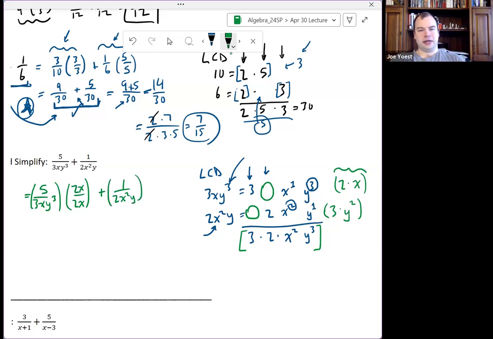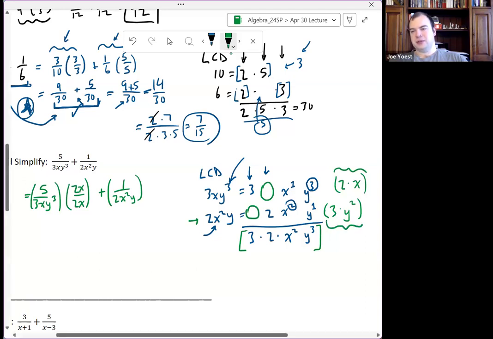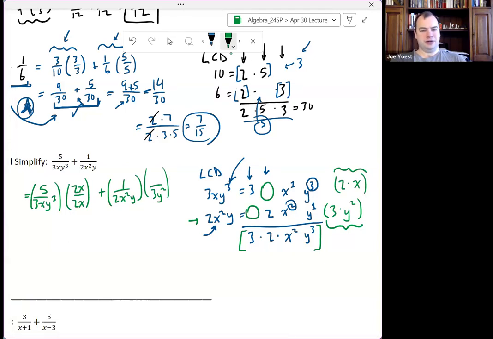Similarly, with our second fraction, 1 over 2x squared y, it has a denominator of 2x squared y. It needs to be supplemented with 3y squared in order to make the lowest common denominator. I need to multiply by 3y squared on the bottom, but if I just multiply by 3y squared on the bottom, I would change the value. So to avoid changing the value, I need to also multiply by 3y squared on the top.